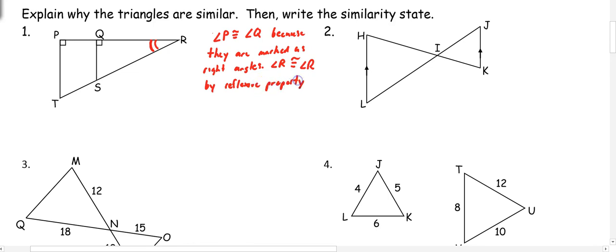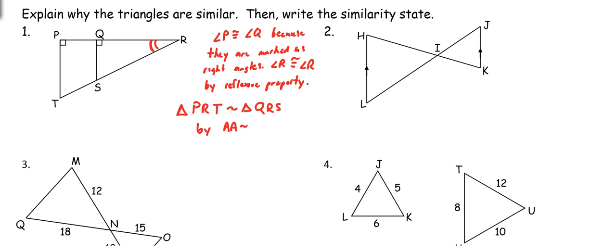So now that we know we have our two angles, we can say that the triangles are similar. I'm going to name the big triangle first. So triangle PRT is similar to triangle QRS by angle-angle similarity.